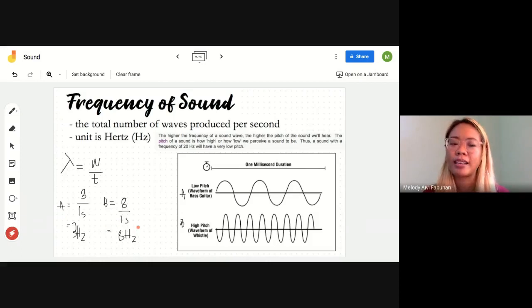Okay? So yung mga singers natin na kayang umabot ng mga matataas na notes, ibig sabihin, they have the capability to produce more waves in the given time.